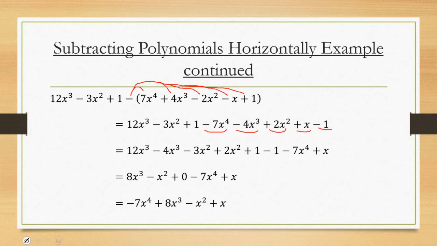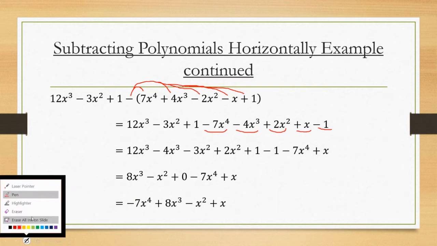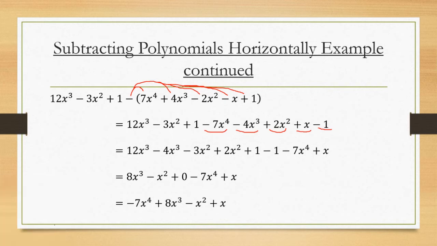Okay, so now we're going to look for like terms. So let me change the color on the pen here. Okay, so we have 12x cubed. What can we combine that with? Well, not this term. Here, this term. When we do that, we get 12x cubed minus 4x cubed.